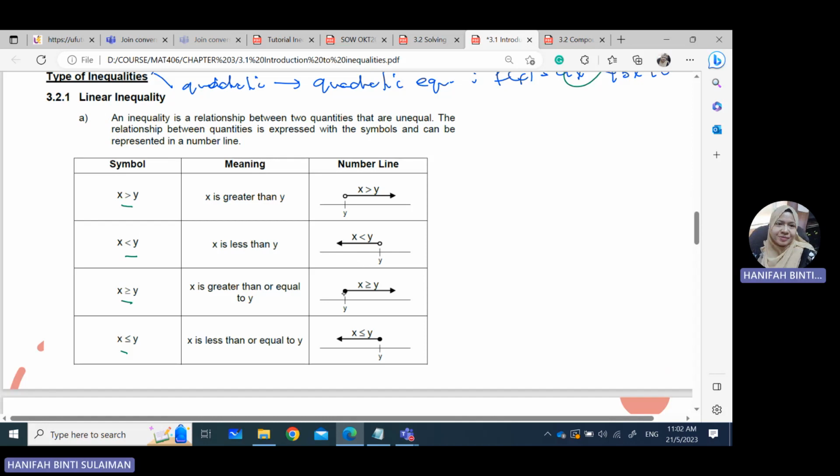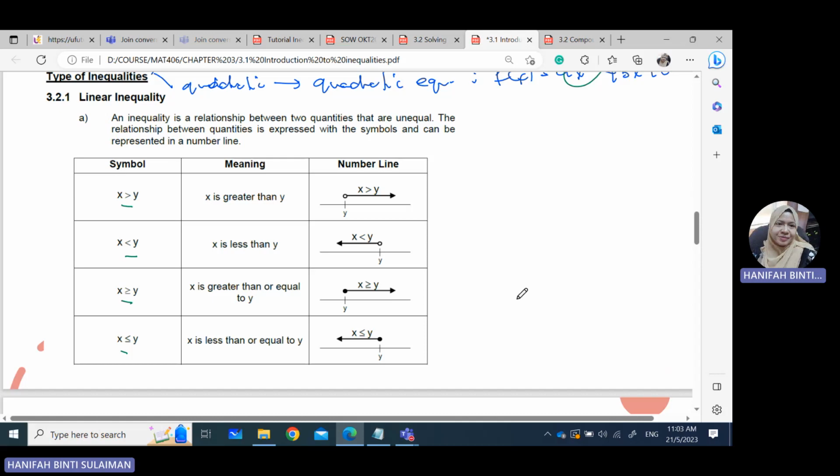Kalau greater than or equal, inclusive, termasuk nilai tersebut. Kalau greater saja, tak ada equal dekat situ, tidak termasuk nilai tersebut. Okay, sama juga dengan less than or equal. So ini adalah inequality sign. So this one is a linear inequality because the highest power of x is 1. Kuasa bagi x adalah 1. So kita panggil sebagai linear.